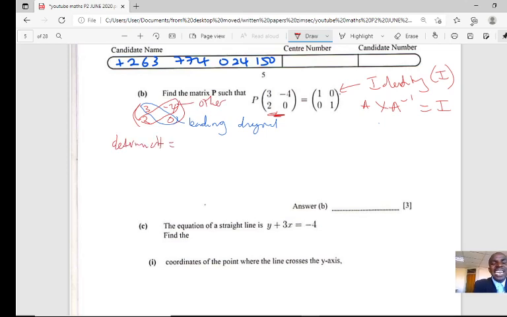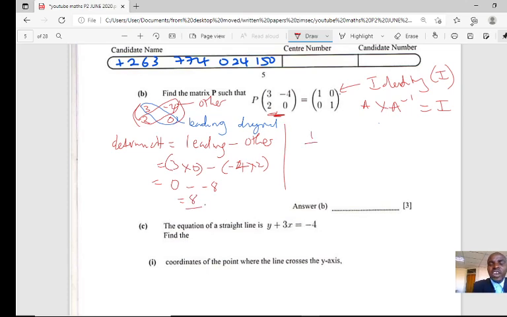So to find the determinant, you say leading diagonal minus other diagonal. So the leading diagonal is 3 times 0, minus the other diagonal, minus 4 times 2. 3 times 0 is 0, minus 8. You get minus 8. Then your inverse will be 1 over the determinant.